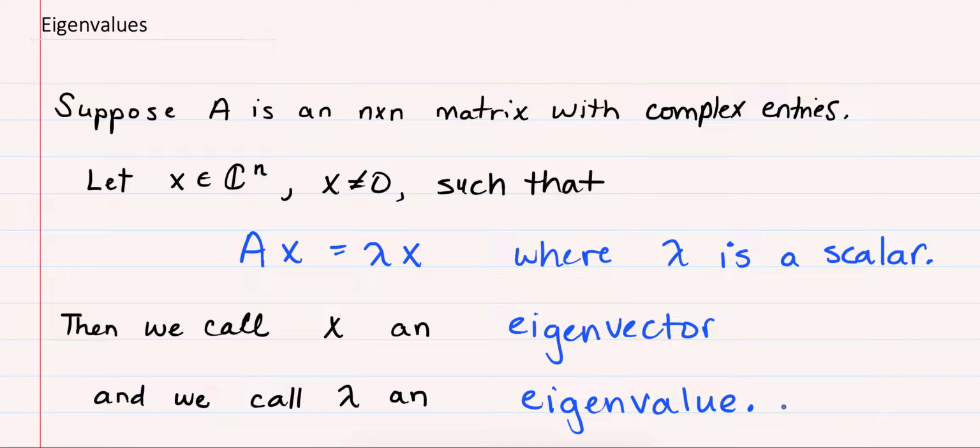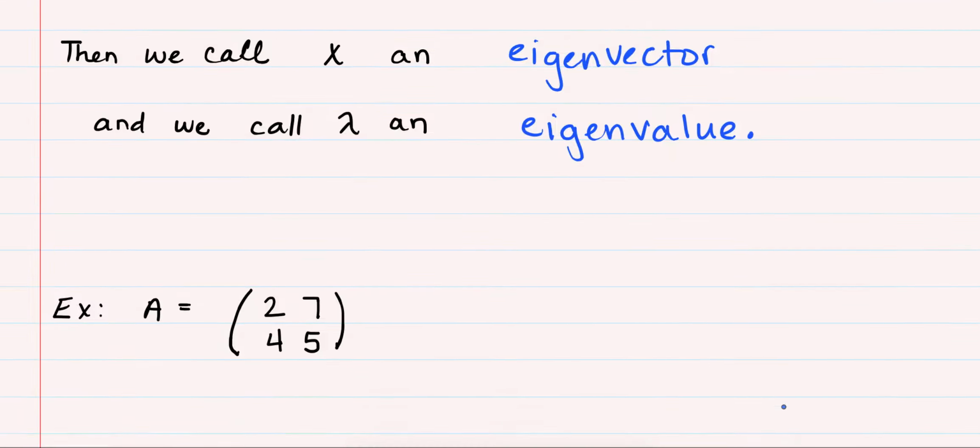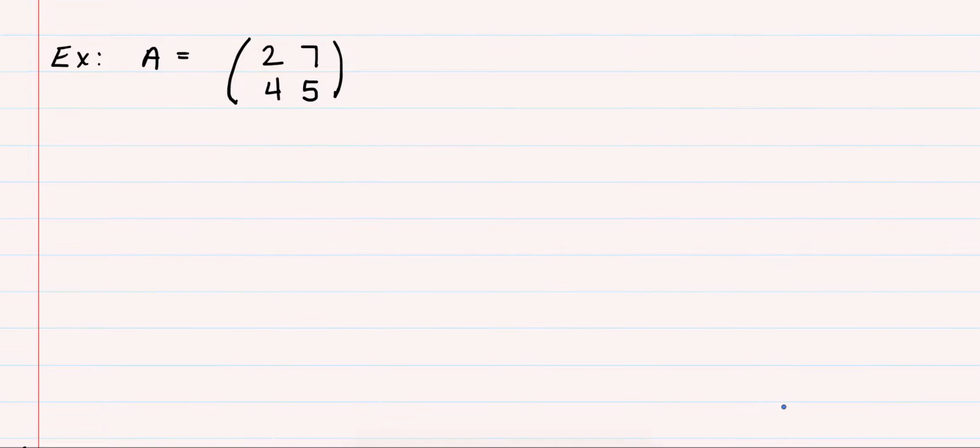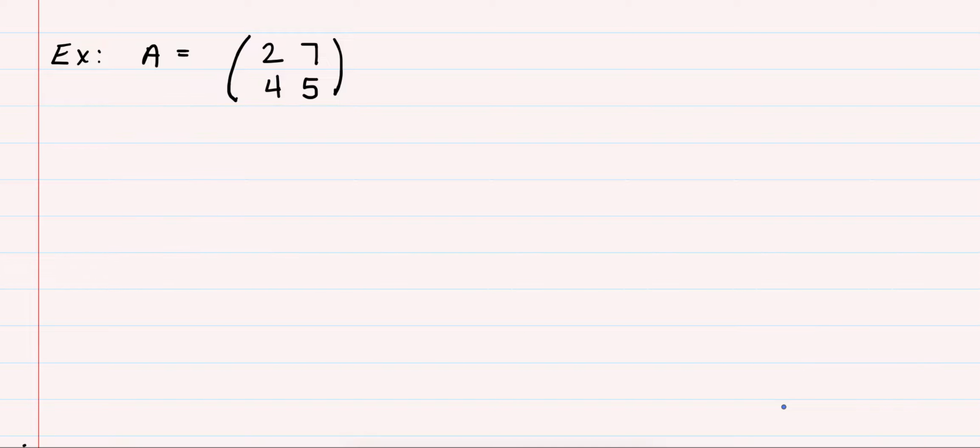We're going to look at an example of this to make sure we really understand what's happening. So let's let A be this matrix 2, 7, 4, 5. This is a 2 by 2 matrix. And let's let x be a vector x1, x2. Well, first off, this is any vector x in C2.